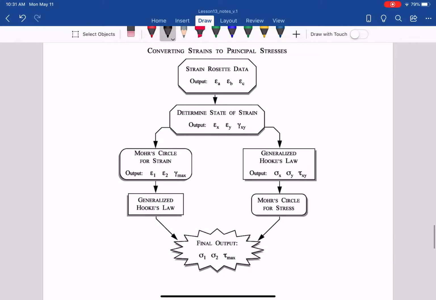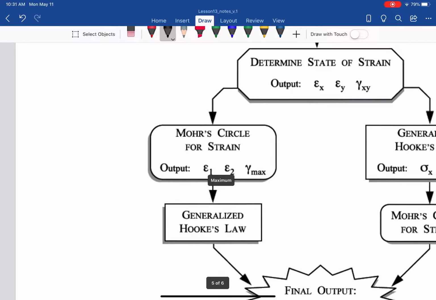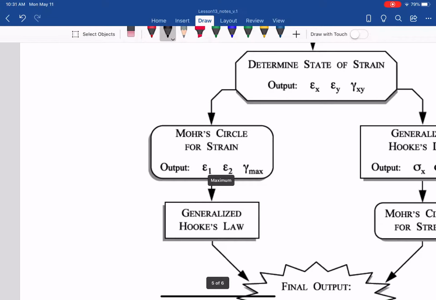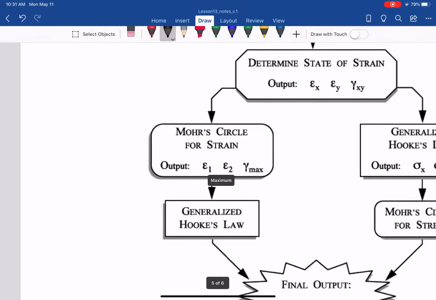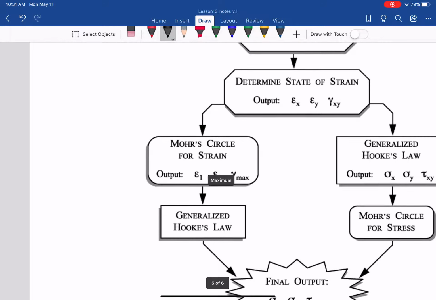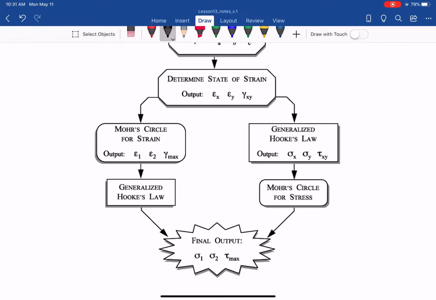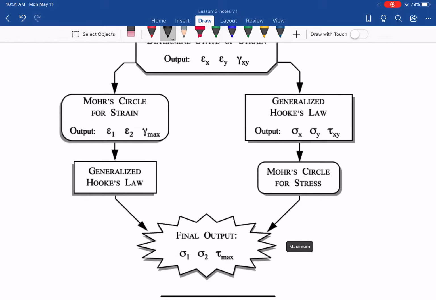And in the solution that I'm going to present for worksheet 13b and c, we use this route, which is to determine the state of strain with the three equations, and then we draw the Mohr circle for strain. We utilize the generalized Hooke's law to find the output, sigma 1, sigma 2, and tau max.